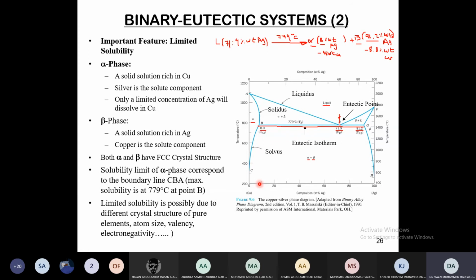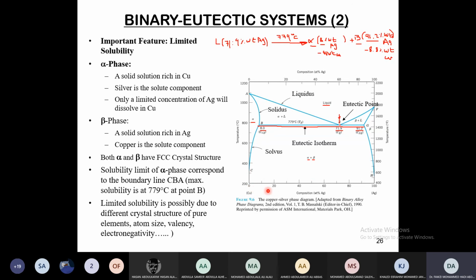When you read the number here, what will it be? Let's say 10 here or 8 here. What will be the number you read? 8 weight percent AG. The 8 given here just makes the matter easier for you. Okay? There is nothing wrong with what you're saying, because in some phase diagrams both are shown.